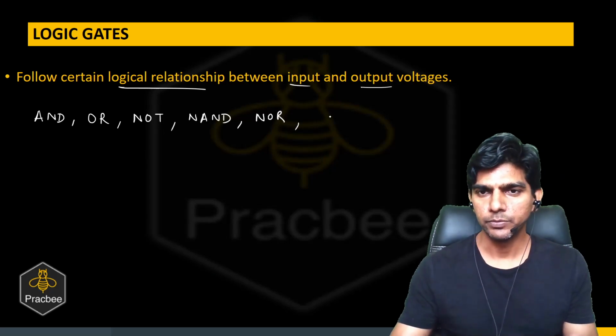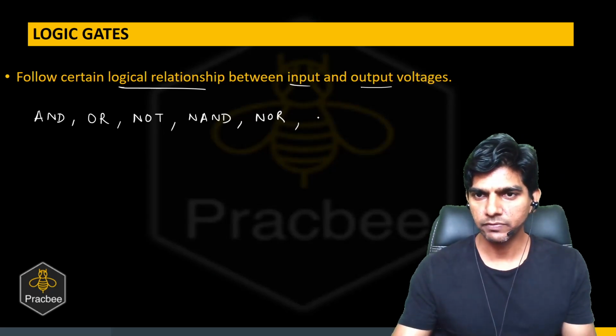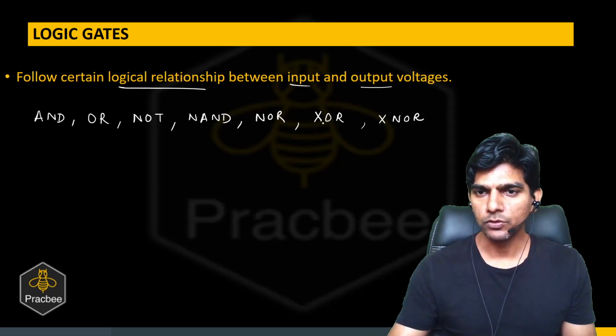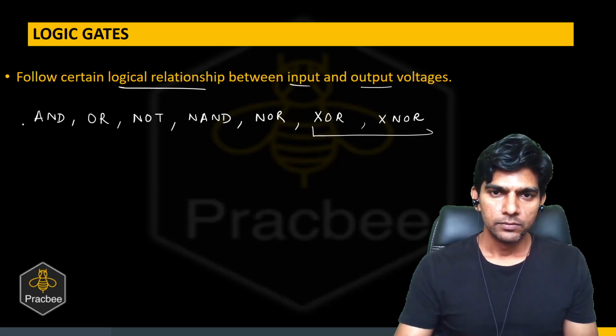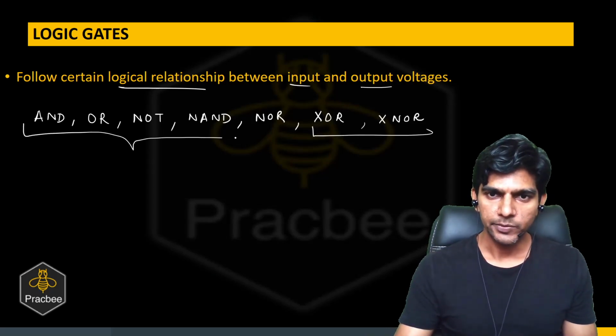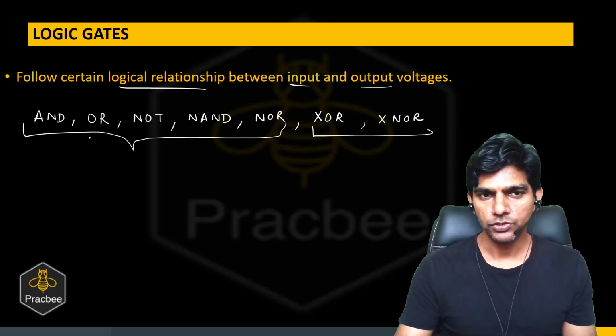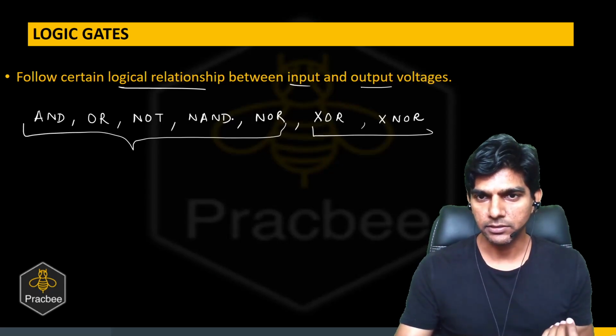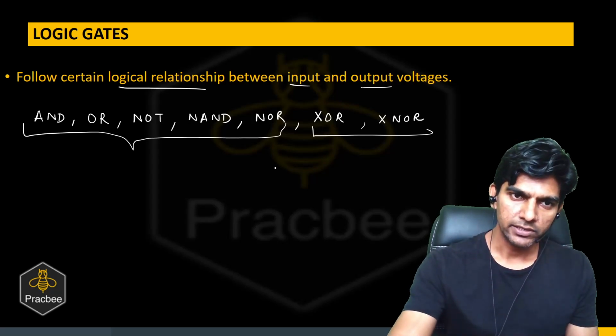And there is a special purpose gate, the exclusive gates, XOR or XNOR. These are special gates, exclusive gates basically. But in the syllabus only these five gates are mentioned, so we should focus more of our energy on these gates.